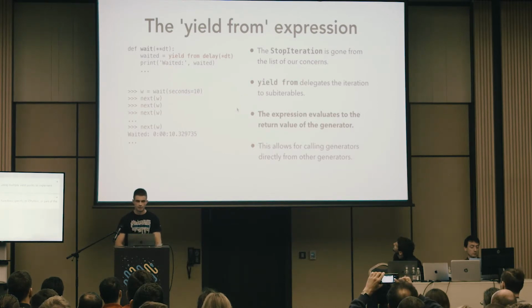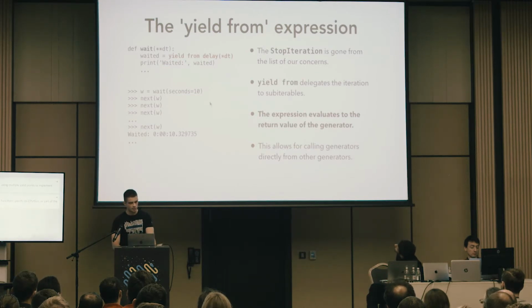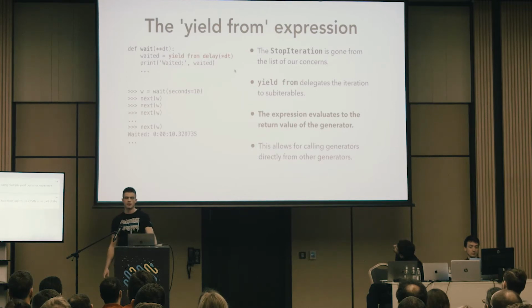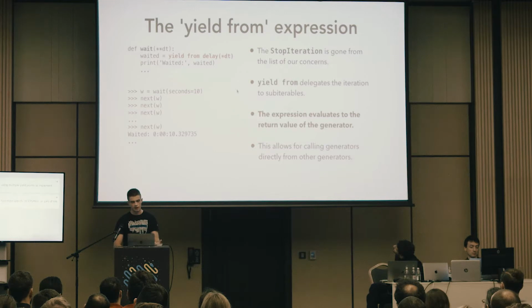Okay? I'm going to slow down here. You create a wait generator. You keep calling next. When you keep calling next, you yield from delay. Delay works in a way that unless the base condition is satisfied, you are not moving forward. It will not let you.